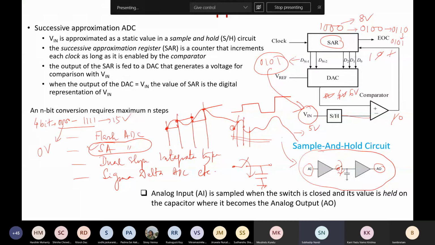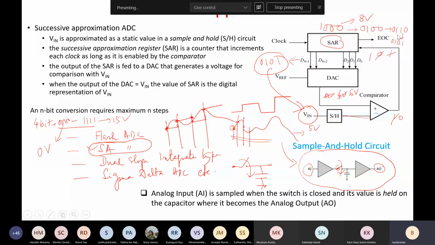So after the comparator, the output will be 1. Yes. So then the MSB is 1 and there is another one. But the first one is not changing, the second one is changing. See, here 0, 1, 1, 0 corresponds to 6 volt, and we have to decrement it, is it not? Because here we have got 1, so that means this value is higher than the analog, so it has to decrement. Since in the previous case also this MSB works fine, it will not lower this MSB.